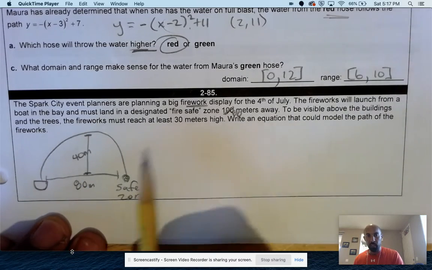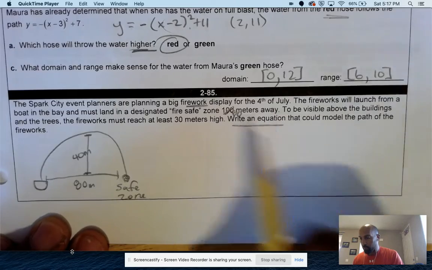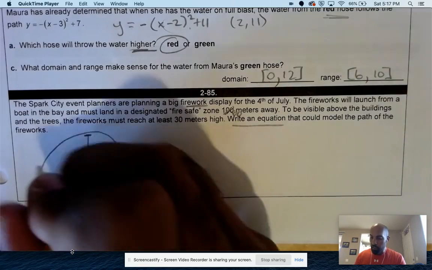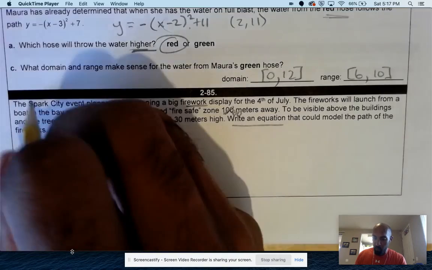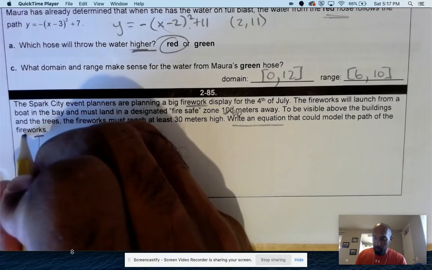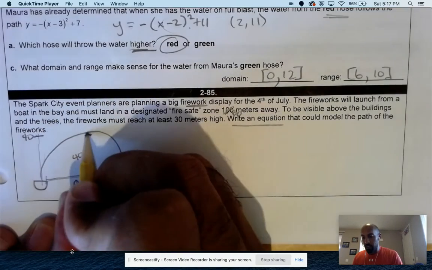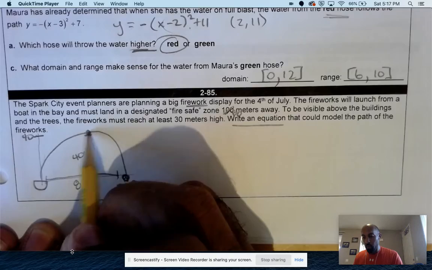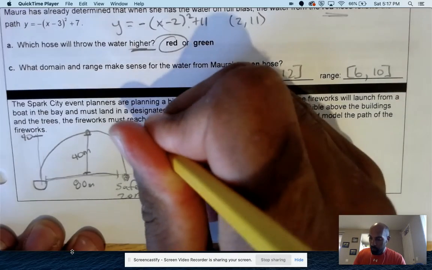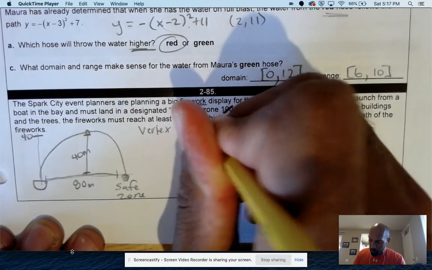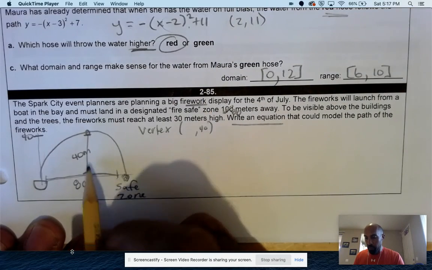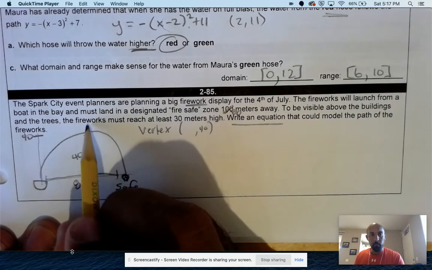Okay, so now let's use that to figure out the equation. All right, so now, again, let's use the same idea that here's our x-axis and here's our y-axis, right? So that highest point on the y-axis, that vertex, the y value is 40. But then we got to figure out the x value, right?